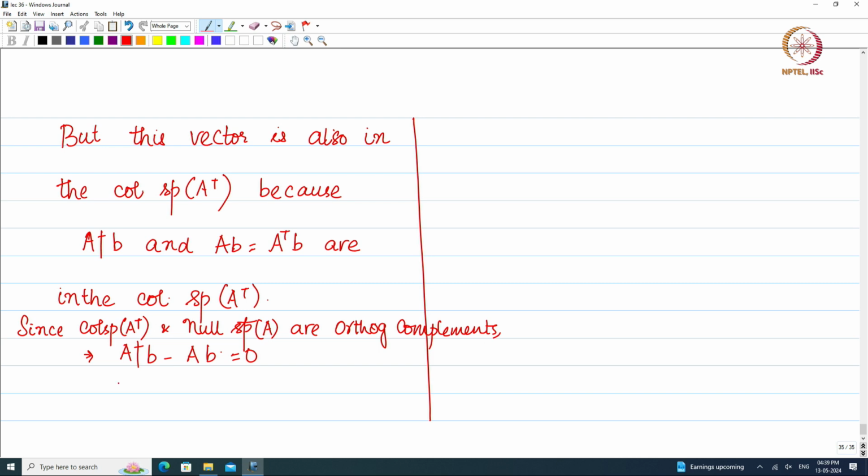This holds for all B, and therefore A dagger is equal to A itself. So, if A is a projection matrix, then the pseudo inverse of A is the matrix A itself.